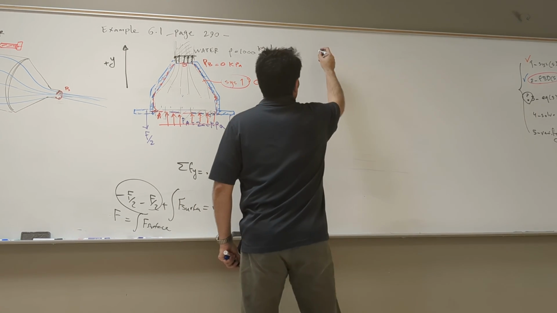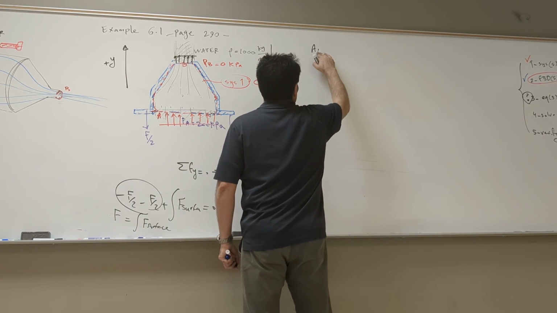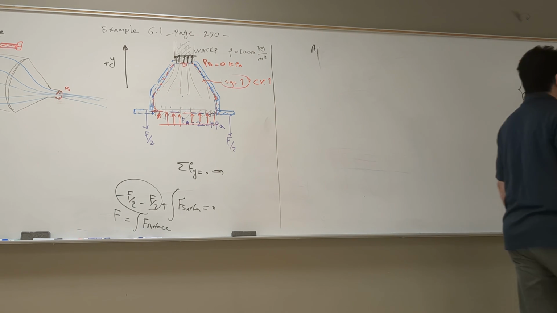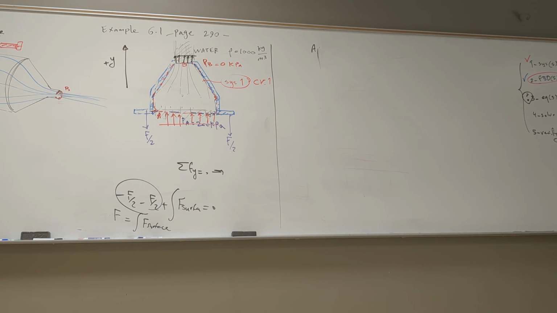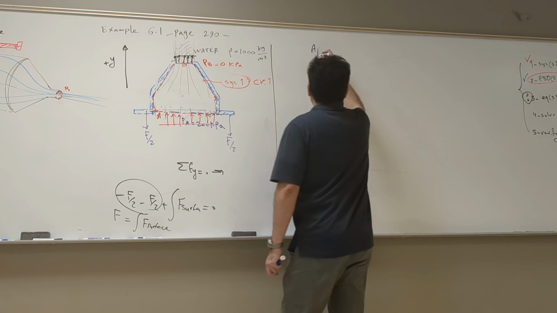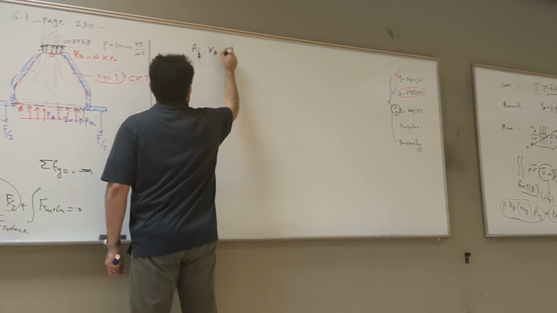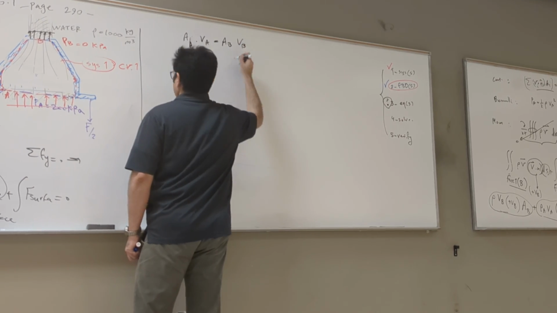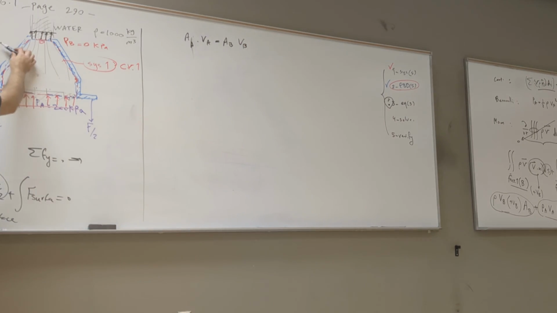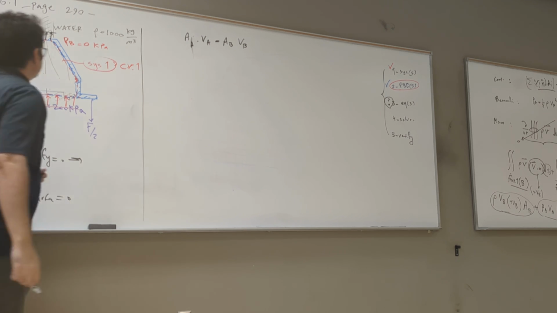I write what? Expand this equation between A and B. So you get the velocity at A times the area at A, and the velocity at B times the area at B. But V dot N is 0 here. You see that?